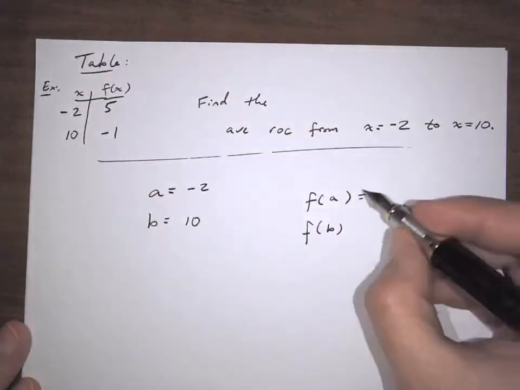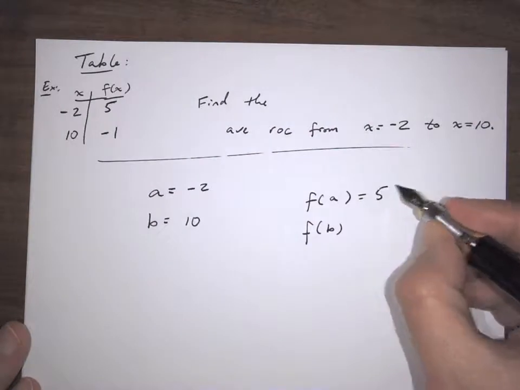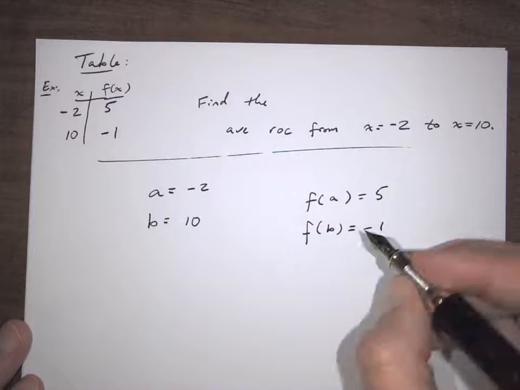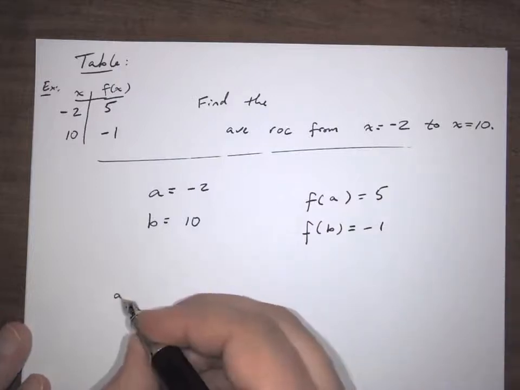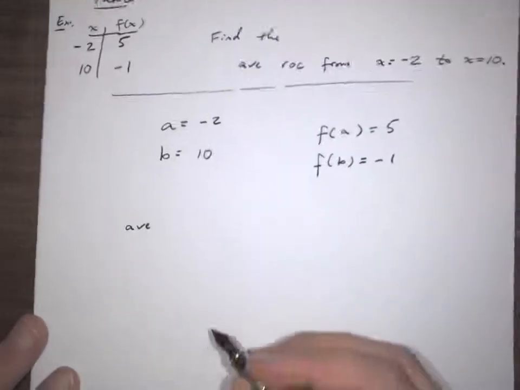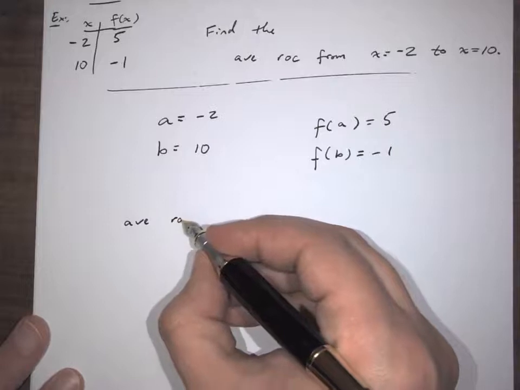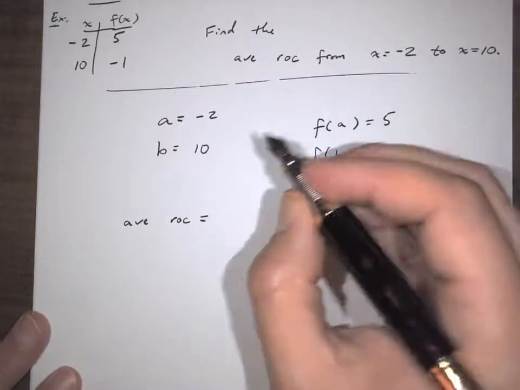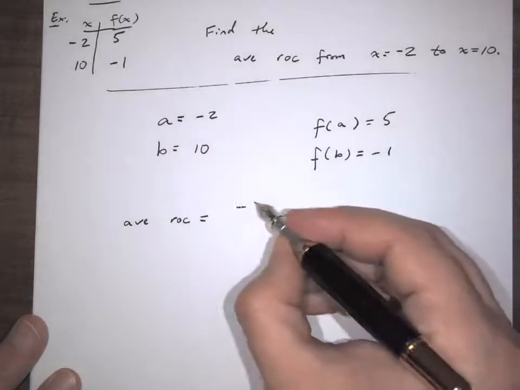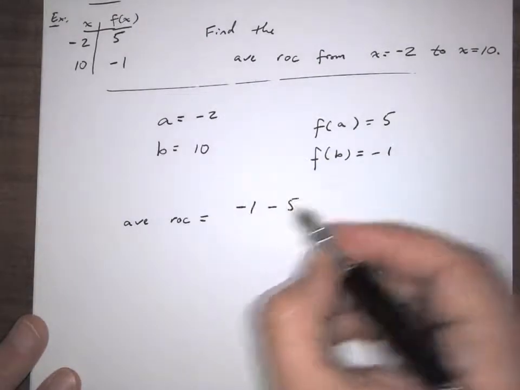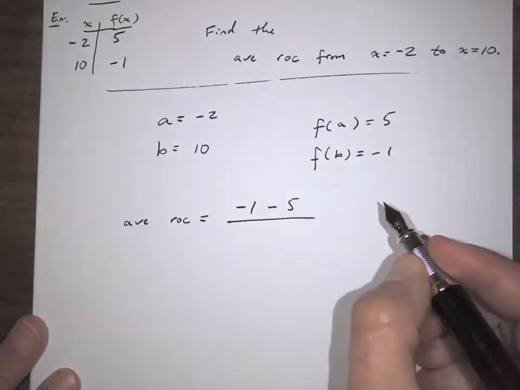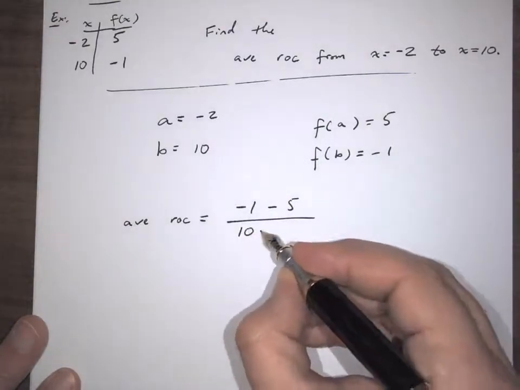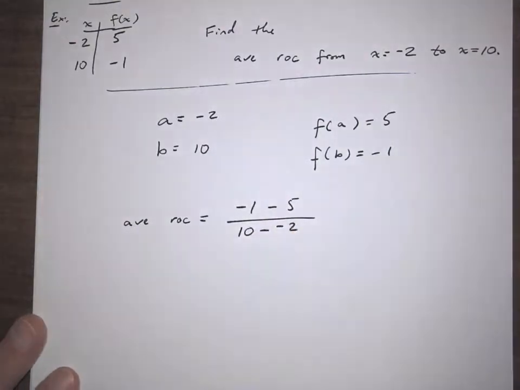Well, based on the table here, we have an f of a of 5 and an f of b of negative 1. So then we put all the pieces into their appointed spots, and we have the average rate of change is equal to f of b minus f of a, so it's going to be negative 1 minus 5, divided by b minus a, so 10 minus negative 2.